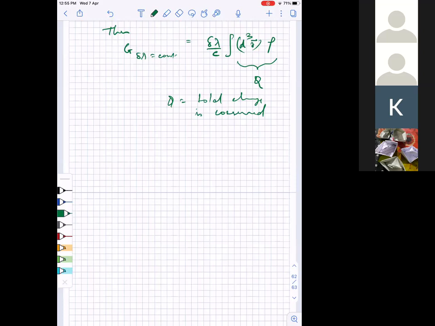Till now, other than the local charge conservation, the conservation laws we talked about previously were global conservation laws.